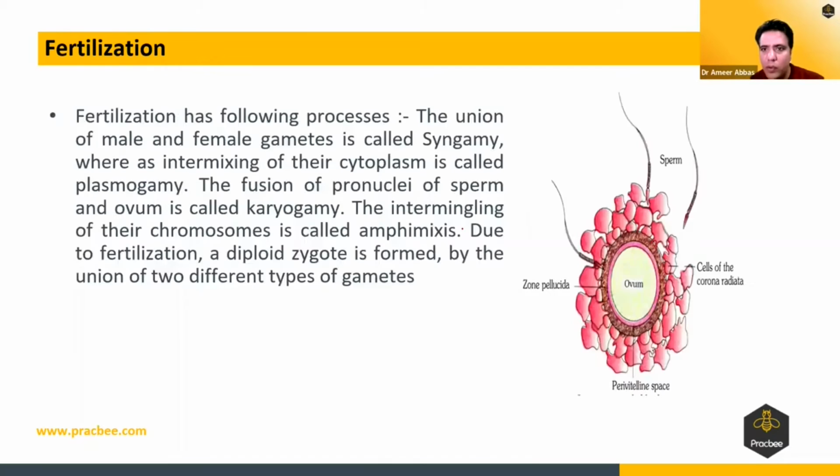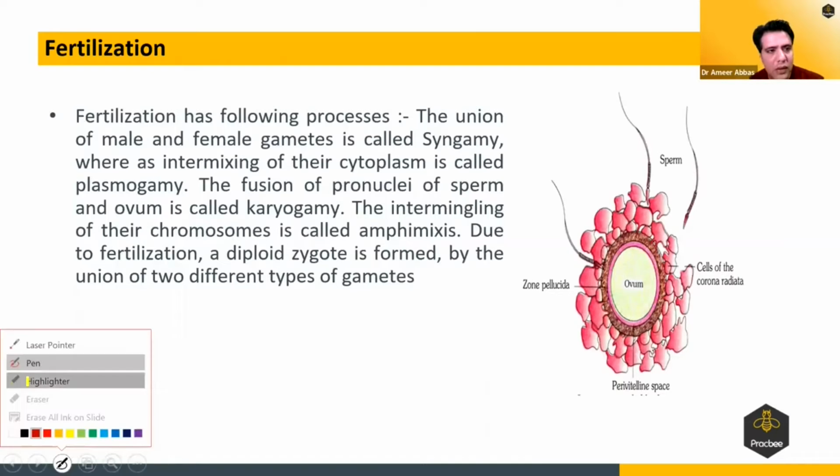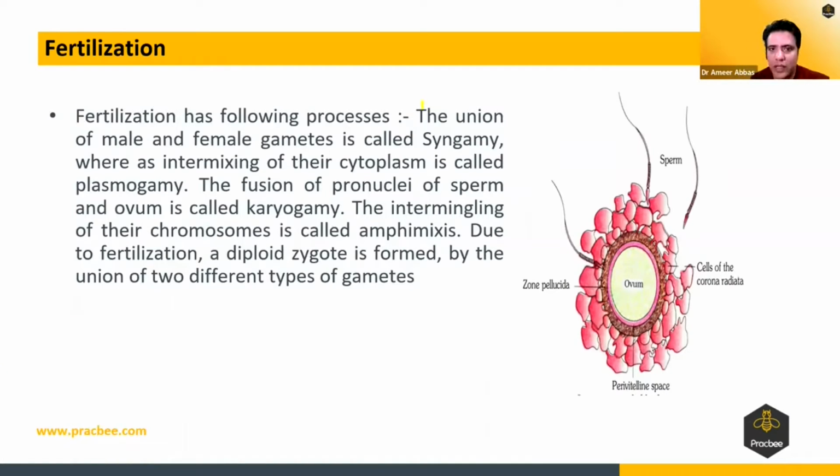Now, the most important and the last topic for fertilization. The fertilization has the following process. Number one, syngamy. Basically, this is the fusion of male and female gamete. Whenever the male and female gamete fuse, the process is known as syngamy.